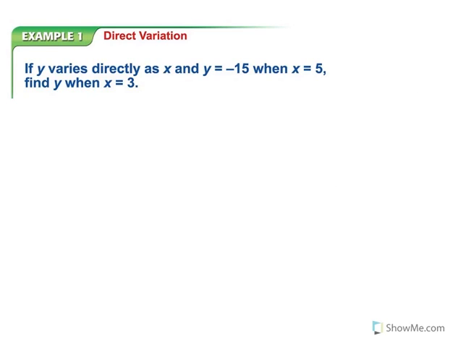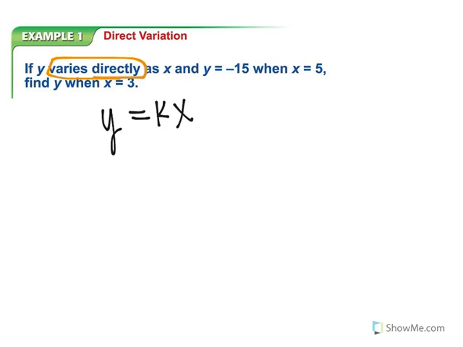Alright, so what's really important on these questions is that you really look at the vocabulary. It says if y varies directly as x and y equals negative 15 when x is 5, then find y when x equals 3. Alright, so we know that for direct variation, we have y is equal to kx.